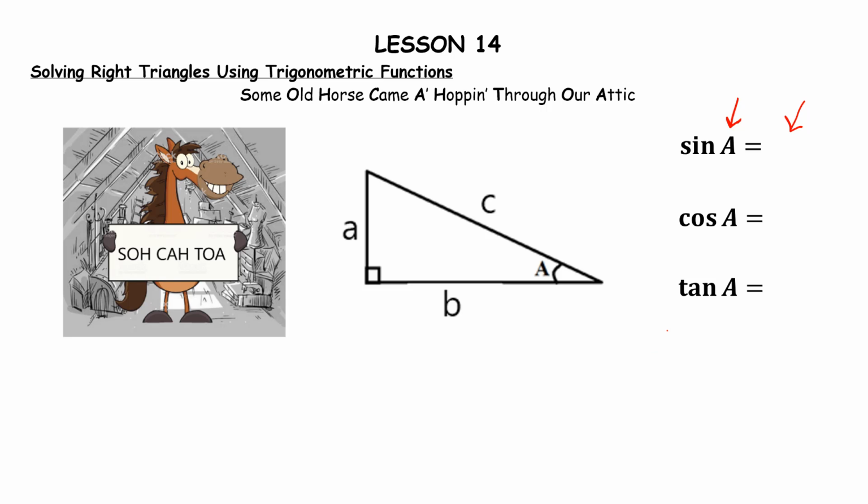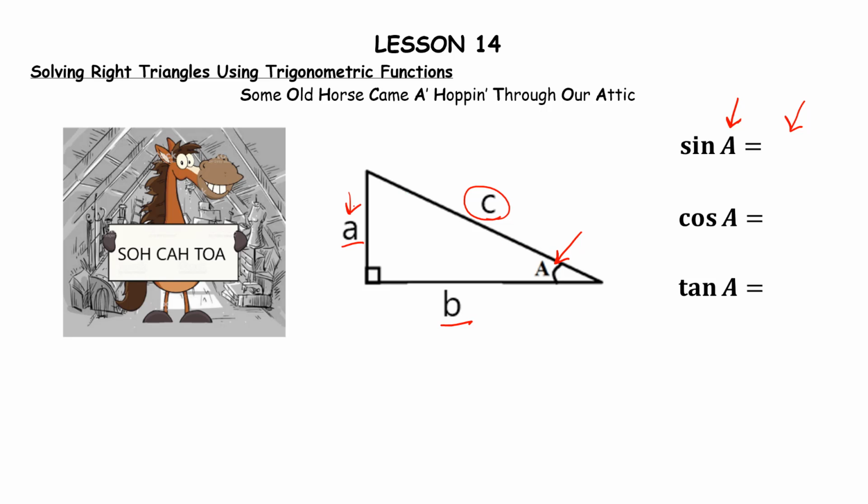So in our picture right here, we have this angle A in our right triangle. We have, of course, in a right triangle, two legs and a hypotenuse. And these sides relate to the angle A in this way.